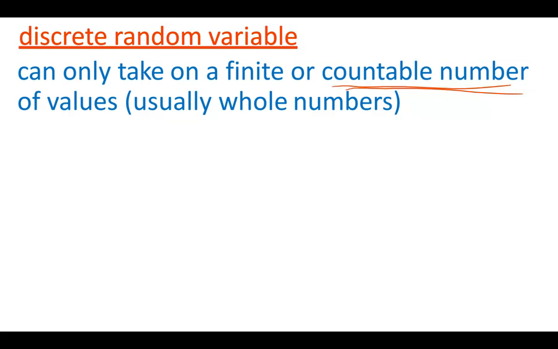So examples of discrete random variables, well, number of heads flipped. Okay. Because you couldn't have 2.5 heads, right? You couldn't have 2.3 heads. You couldn't have 7 1/4 heads. It's usually a whole number. It's not always a whole number, but it's usually a whole number.